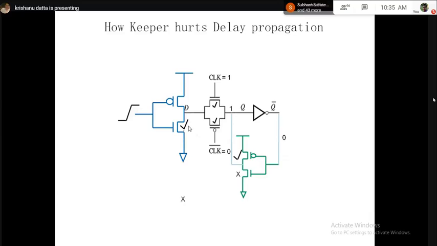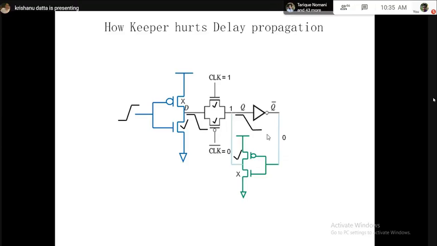NMOS is on, which makes PMOS off. So D will now try to go down, since it's an inverter. When D tries to fall, the transmission gate is on, so that fall gets transferred to the other side. So Q will try to fall.